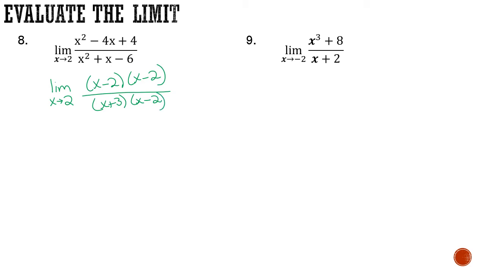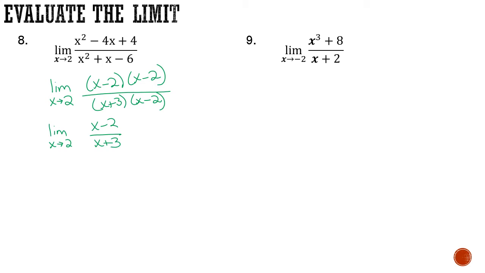Now I can cancel the common factor of x minus 2. There's a hole in the graph at x equals 2, which is why we couldn't use direct substitution to start with. Write what is remaining. So the limit as x approaches 2 of x minus 2 over x plus 3.